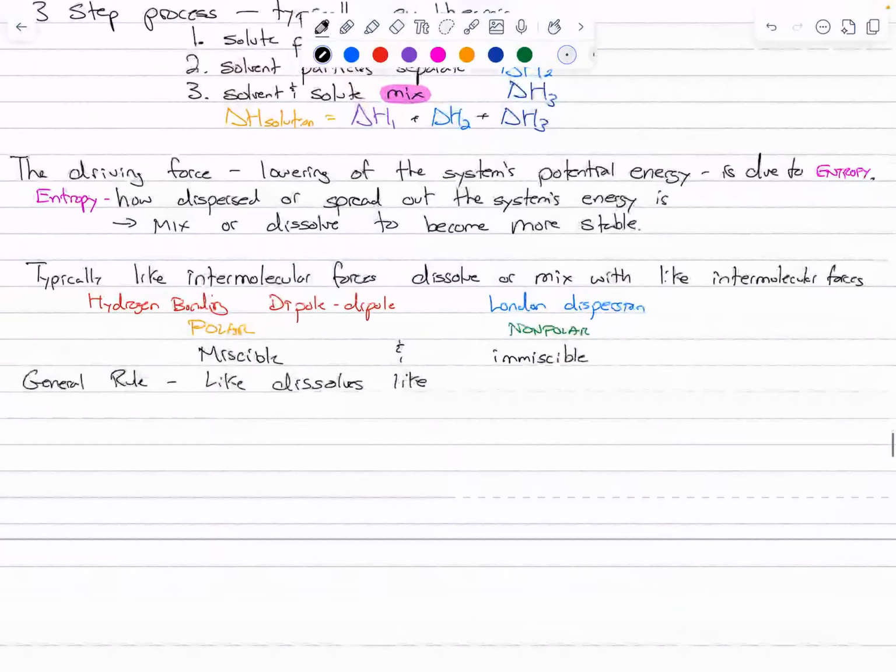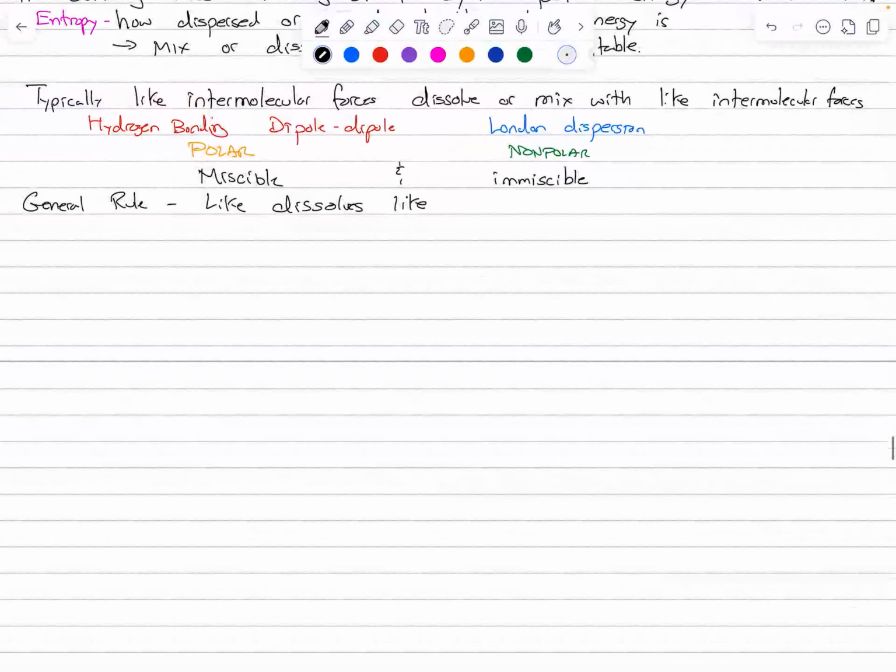So let's get a picture of this: sodium chloride in water. We have NaCl, solid, and we're going to add that to H2O, liquid. What happens?